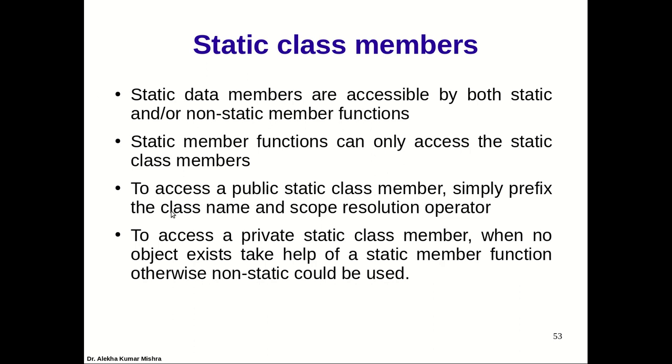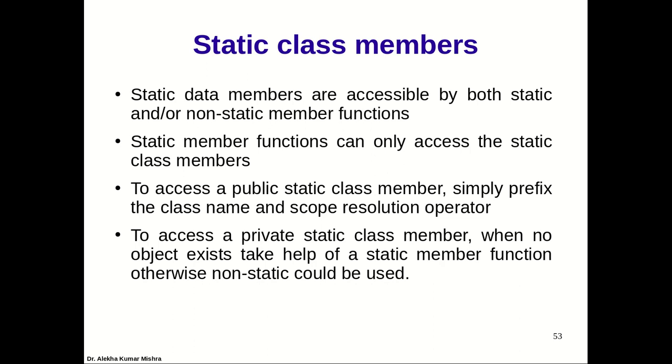So to access a private static class member when no object exists, we take help of a static member function. Otherwise a non-static one could be used. I mean that when we have private static class members, generally we operate on them via a static member function.